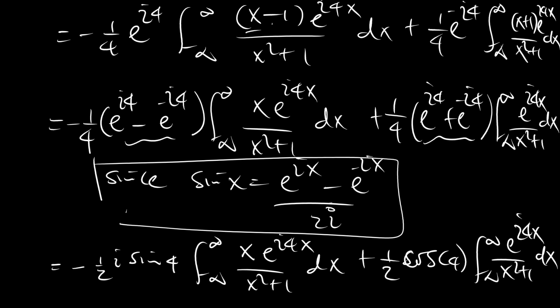Okay, and here I was trying to avoid contour integrals here, but I guess there's no way about it. So we have negative a half i sine 4, and we could say z.